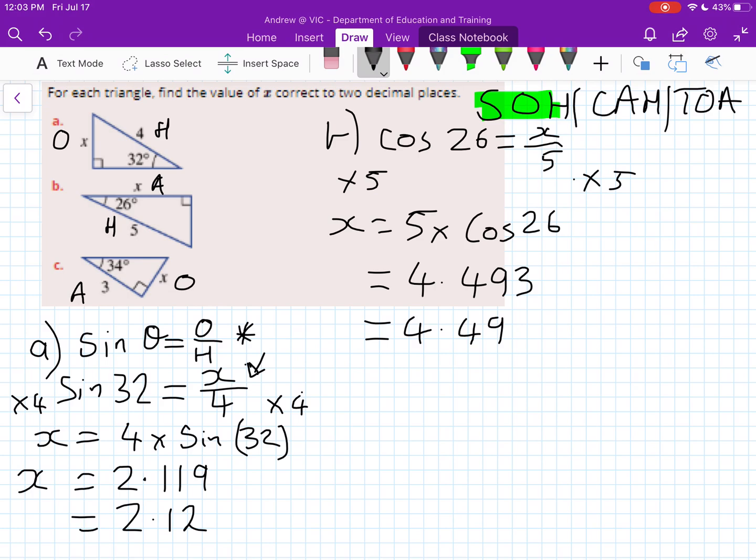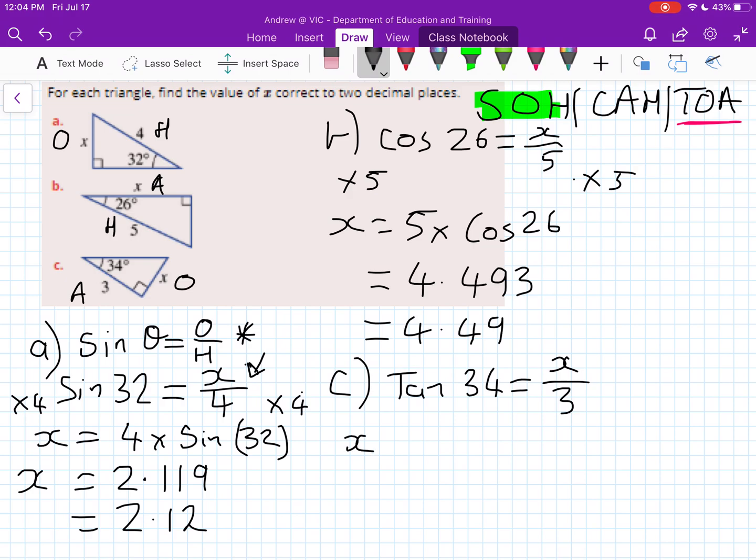Okay, and lastly, we've got opposite and adjacent, so this is going to be tan. Okay, this one's going to be tan here. So we'll go through this. So tan of theta, so our theta is 34, is equal to our opposite, which is x, over our adjacent, which is 3.